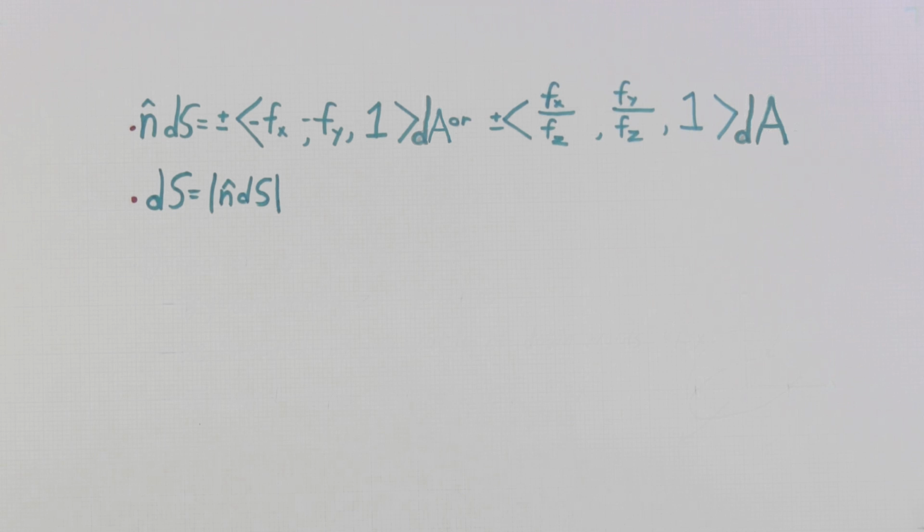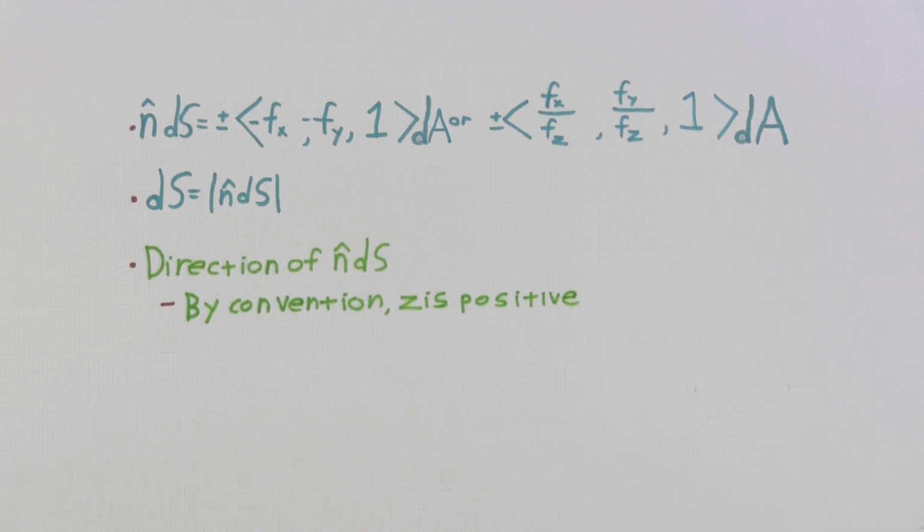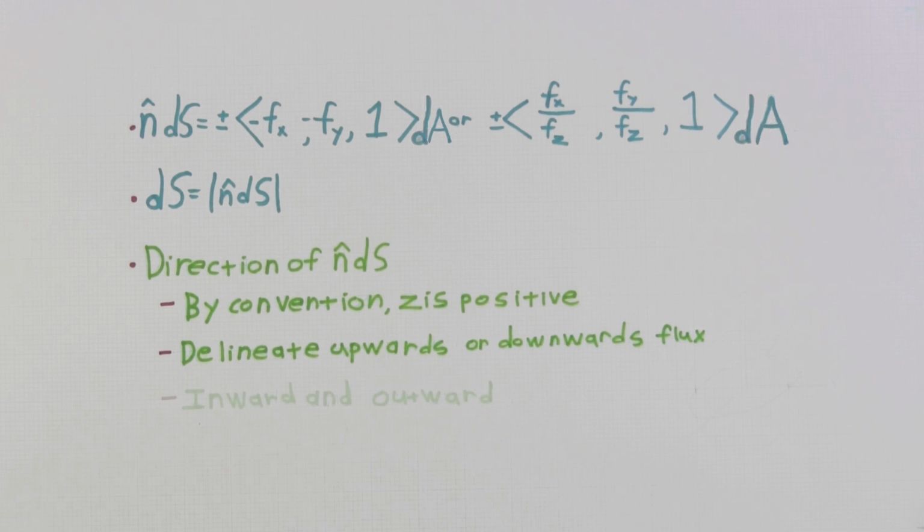Now we need to deal with the plus or minus symbol that we had in our n hat ds above. By convention, the normal vector on our surface is usually oriented such that z is positive. However, it's usually good to delineate whether we're asking for upwards flux or downwards flux just to avoid confusion. Sometimes we are asked to find inwards or outward flux.